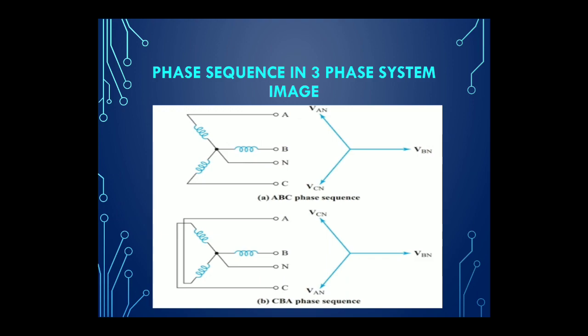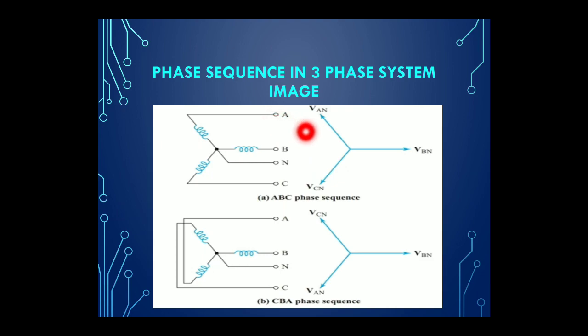So here you can see the phasor diagrams and the circuit diagram of a phase sequence, with A, B, N and C. This is a star connected system. Here A, B and C are the phases, and N is the neutral.